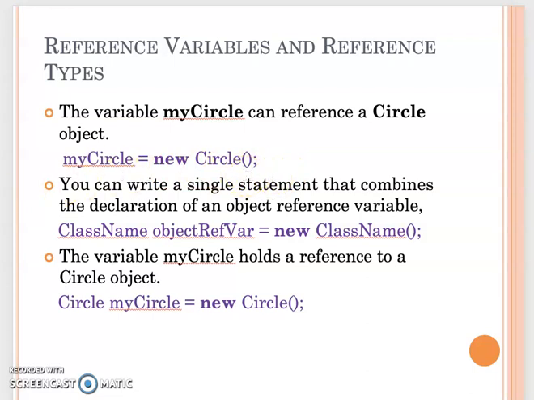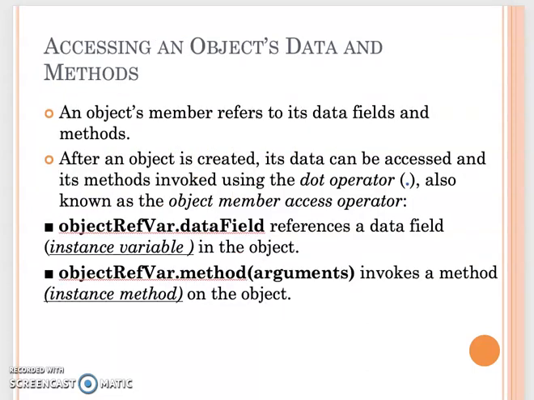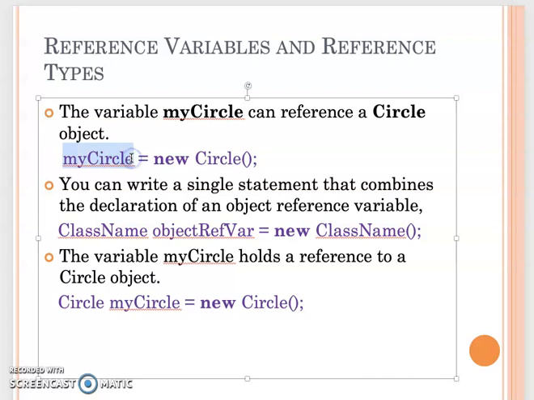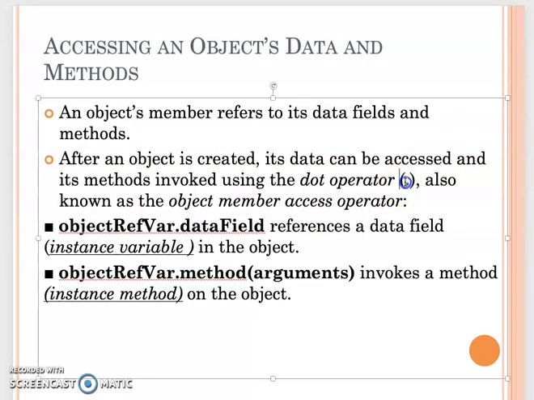Afterward, once your object reference variable is assigned to the object, you can use this name with the dot operator to access the data fields and methods, like earlier where we had c1.radius and c1.getArea. Those are the object members you can refer to using the object reference variable name and the dot operator.